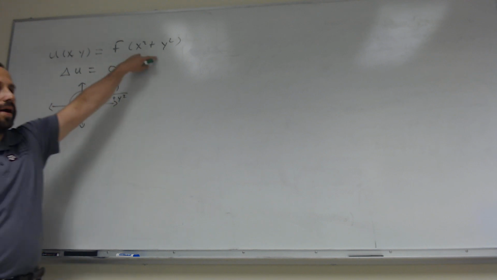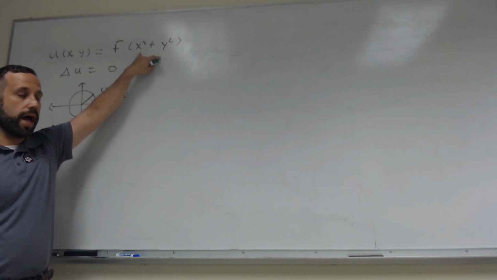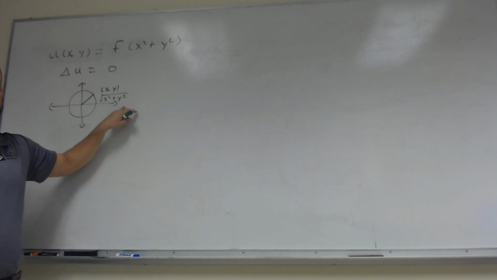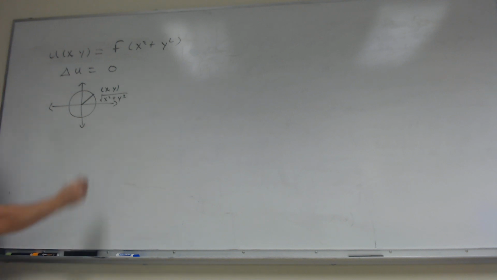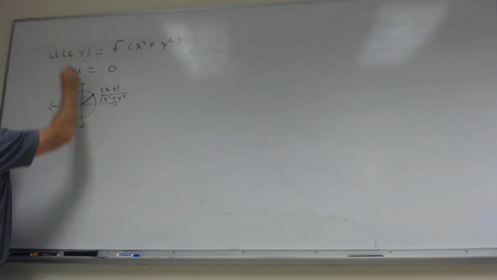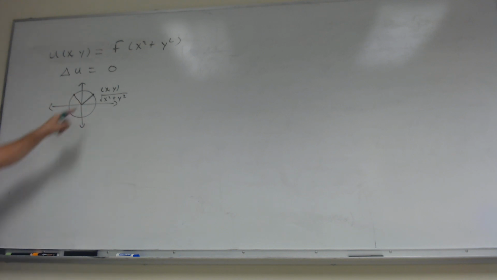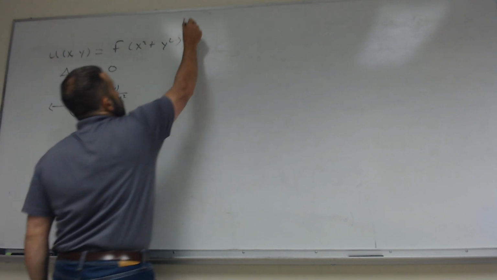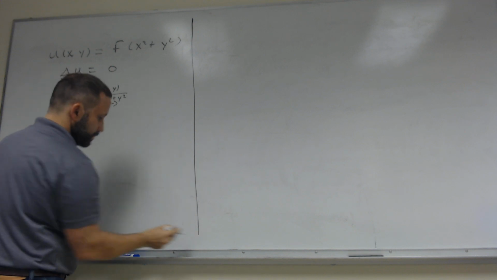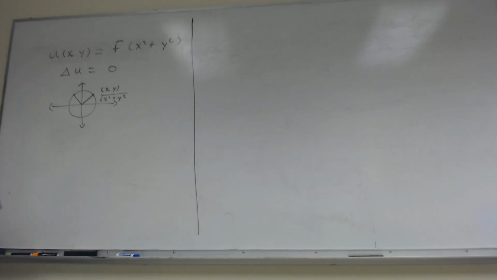So the only information that f gets about the points x and y is about its distance from the origin. So if I apply my u to this point or to this point, it's going to be the same because x squared plus y squared for this point is the same as x squared plus y squared for that point.